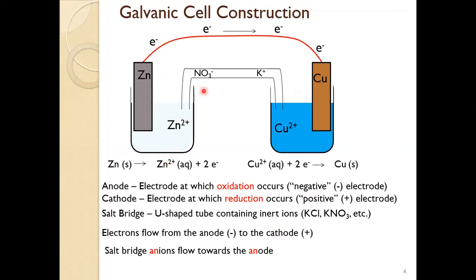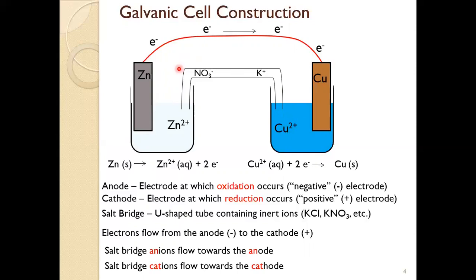So as a result, the anions of the salt bridge are going to flow towards the anode. Likewise, because of the accumulation of negative charge on the cathode, the cations of the salt bridge will flow towards the cathode. So the cathode and anode are called the way they are because that's the direction the respective cations and anions will flow in the salt bridge to neutralize their respective excess charges.